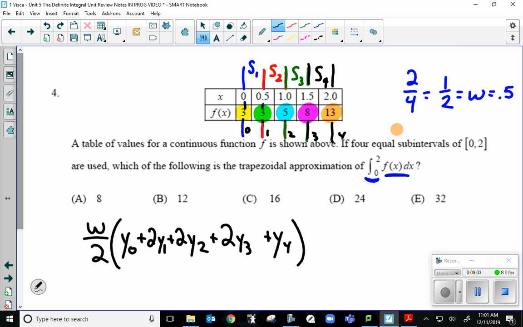And I'm just subbing in values. What's the width? My width is 0.5. The width of all of these is 1/2, which is 0.5.